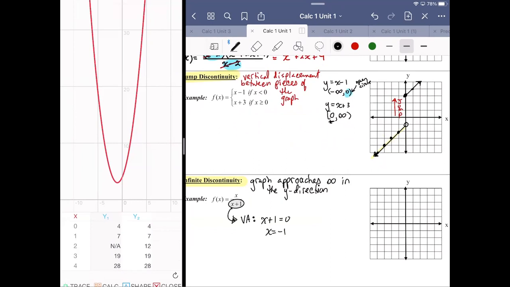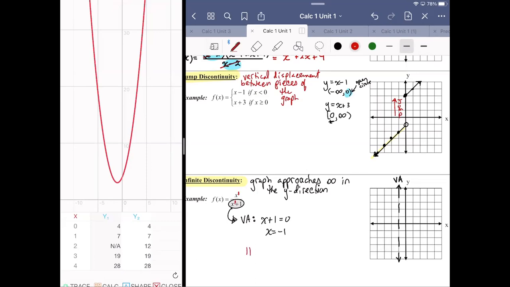I would plot that as a vertical line, but also dashed. So that's my vertical asymptote. My horizontal asymptote is not always relevant, but in this case it is because the power of the top is equal to the power of the bottom.